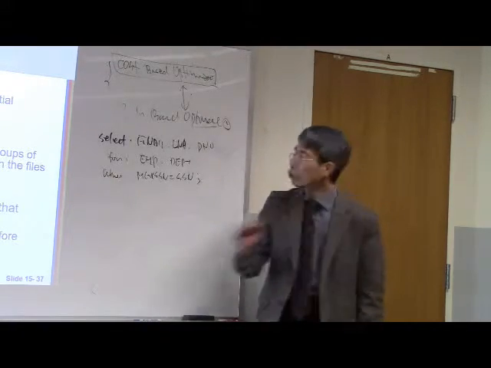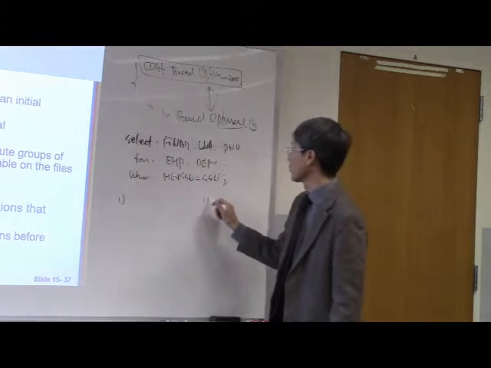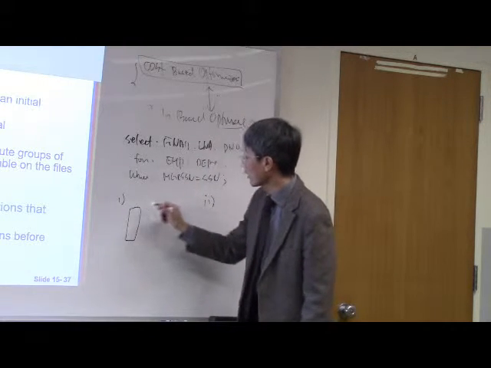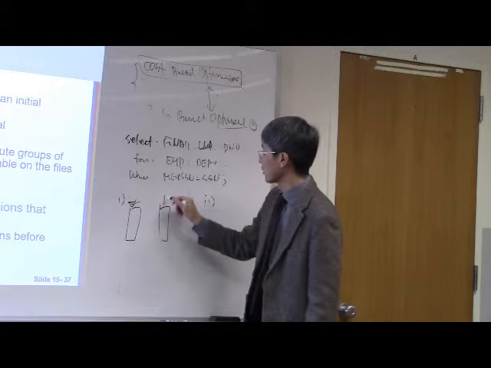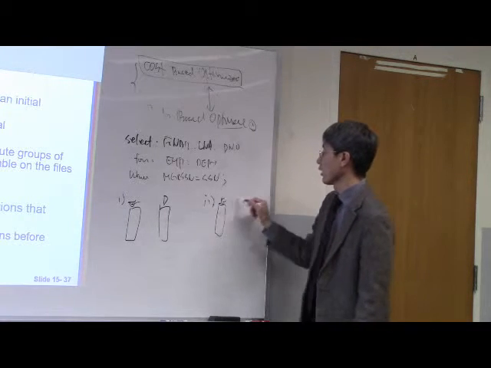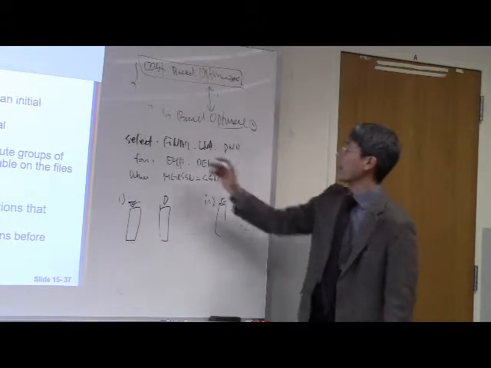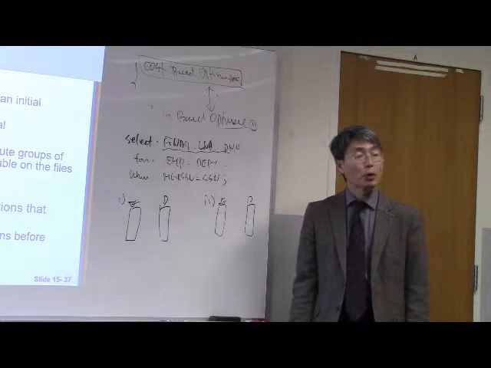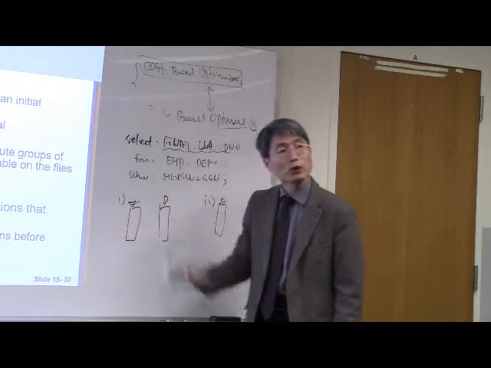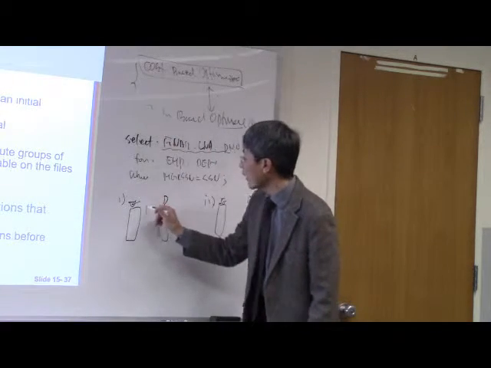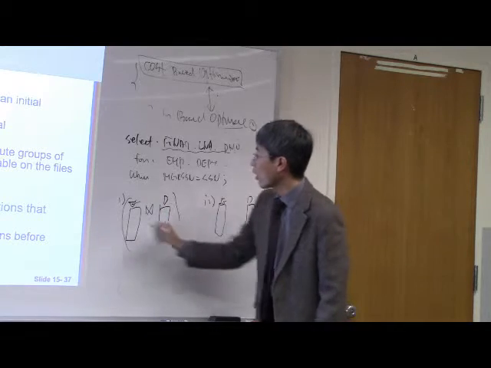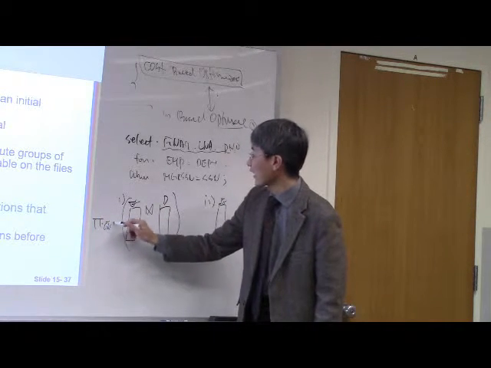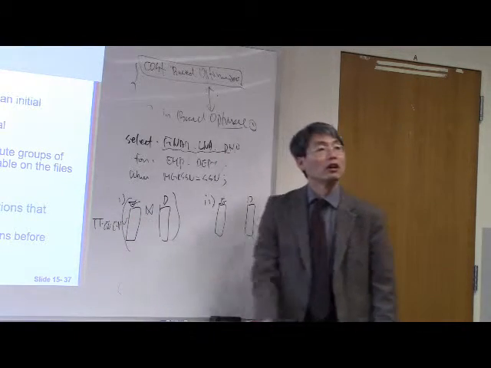Then there are two approaches. Check which one will be better. We decide to join employee and department first. This one is also employee and department, but as you can see, we have a projection operation. So this approach keeps all the data, first joins, then applies the projection of first name, last name, and DNO.